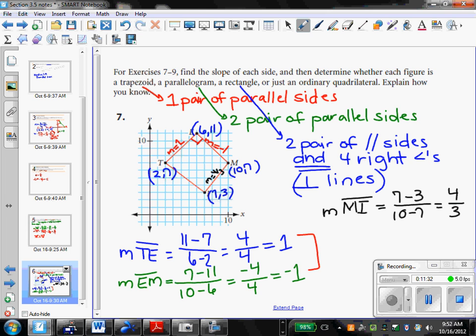And then the slope between I and T. 7 minus 3 again over 2 minus 7. So that is 4 over a -5.